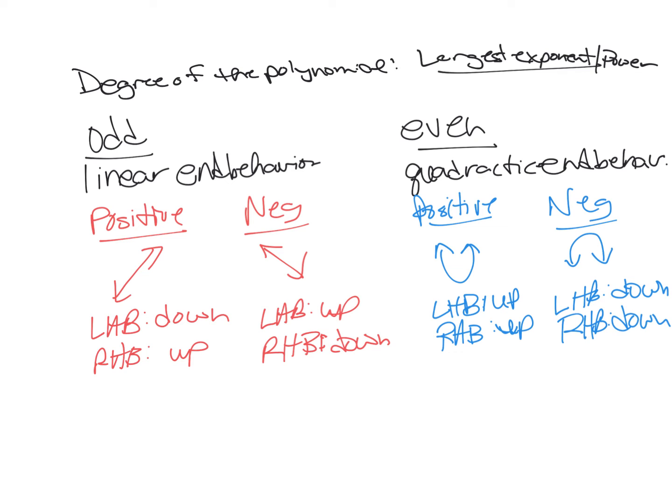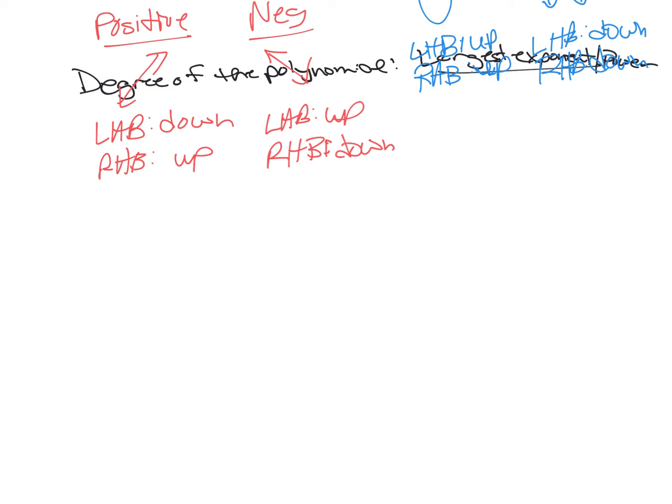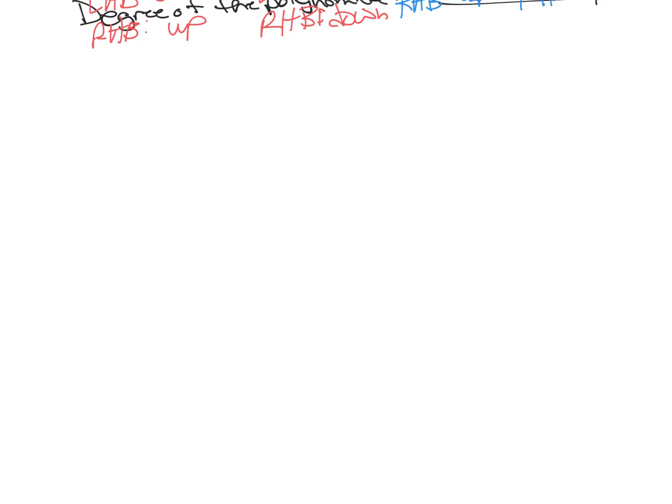Like on Friday's work, you did a rough sketch of some of these, so I'll do that here. If we had x to the power of 3 minus x squared minus 2 equals 0, you would state the degree of the polynomial is 3.